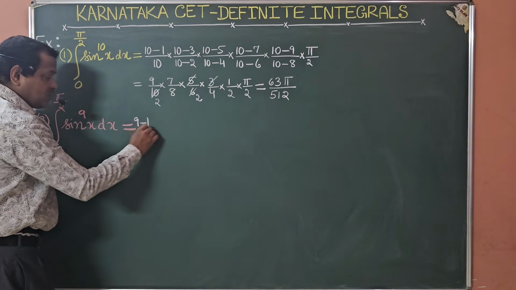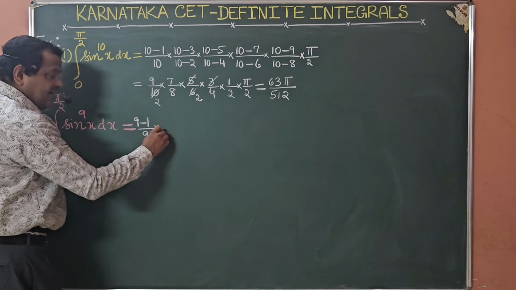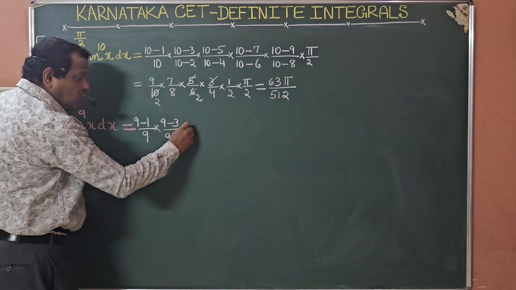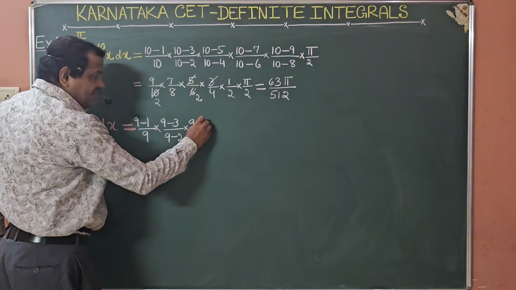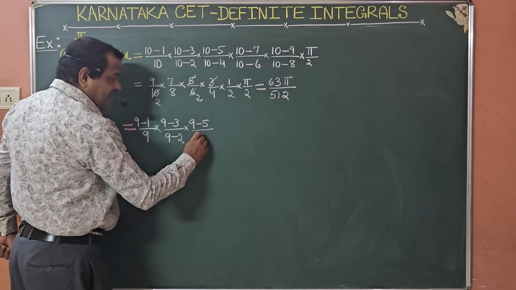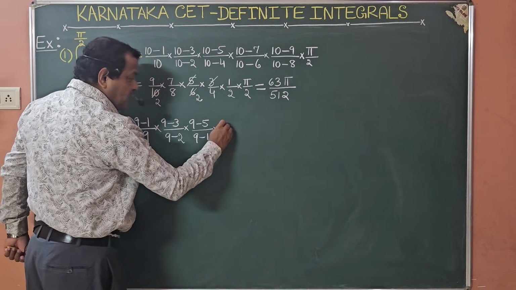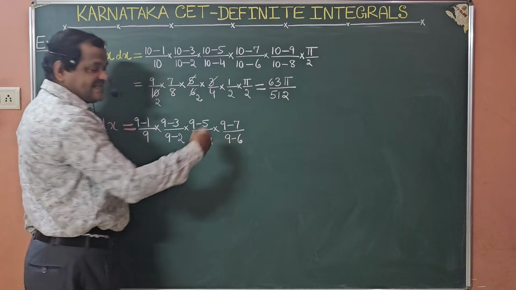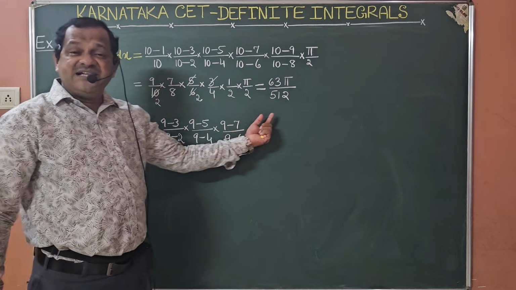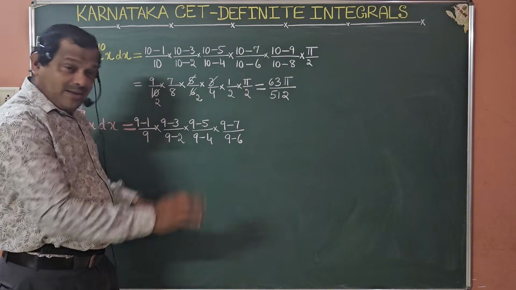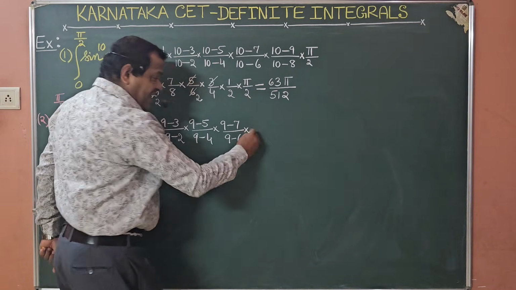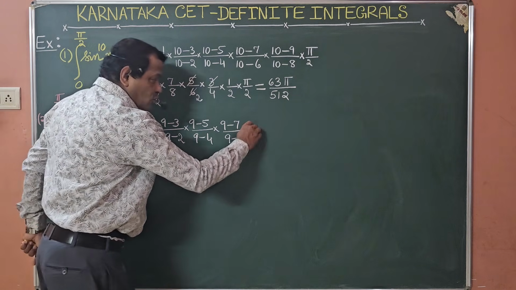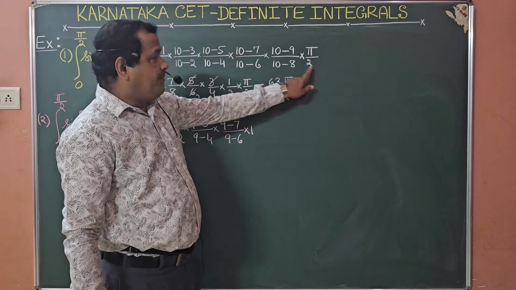So 9 minus 1 by 9, into 9 minus 3 by 9 minus 2, into 9 minus 5 by 9 minus 4, into 9 minus 7 by 9 minus 6. It cannot be 9 minus 9 because it will become 0. Therefore, since the power is odd here, finally I have to multiply by 1 last, not pi by 2.